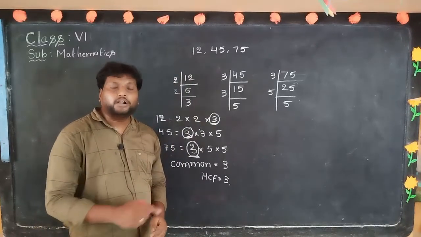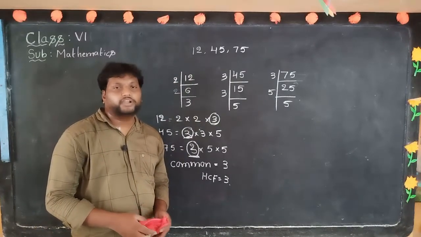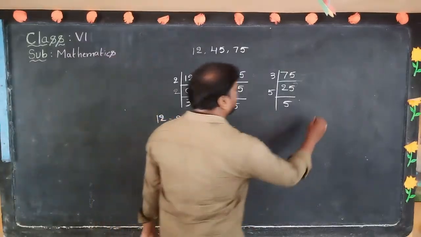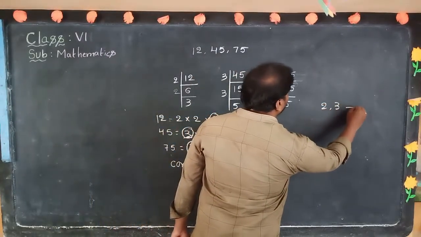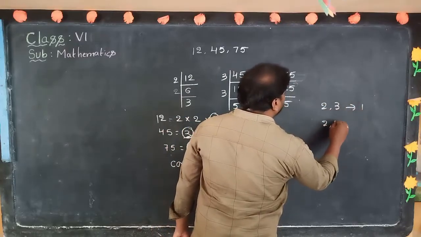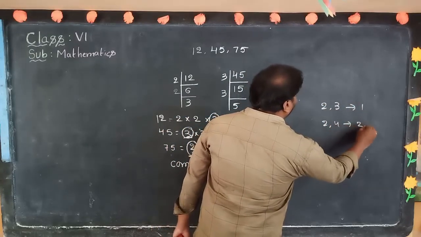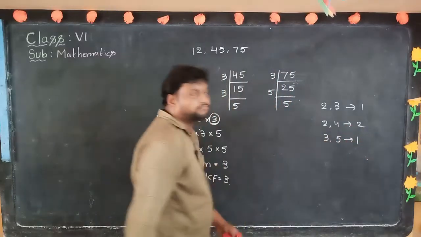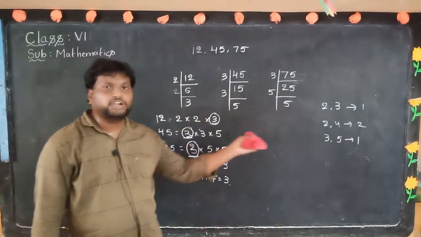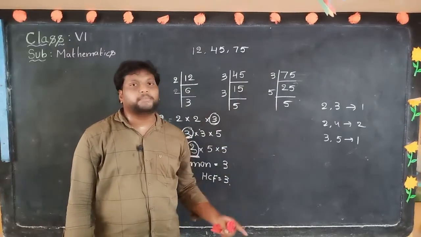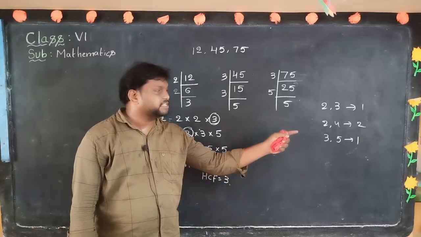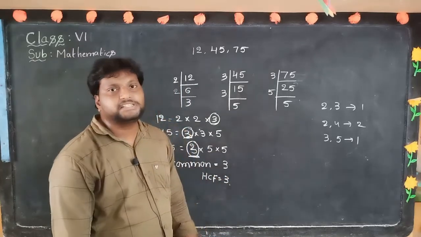The HCF of 3 and 5 is 1 only, because 3 and 5 share no common table. 2 and 4 are even numbers, that's why their HCF is 2.